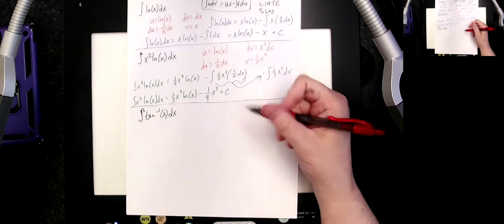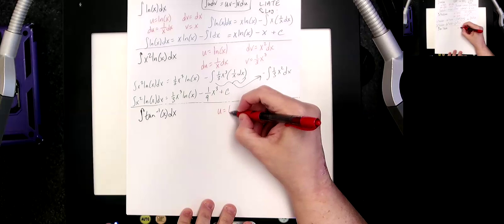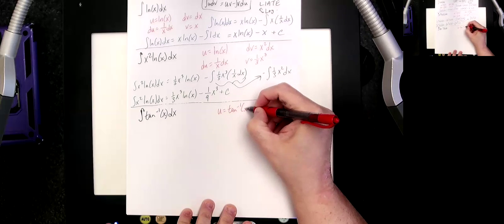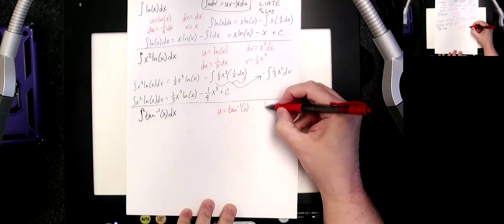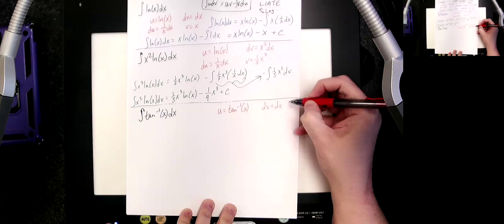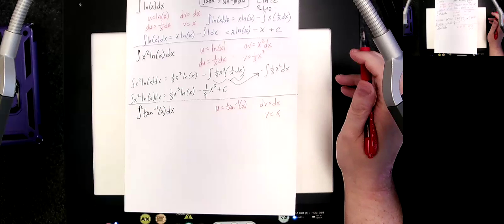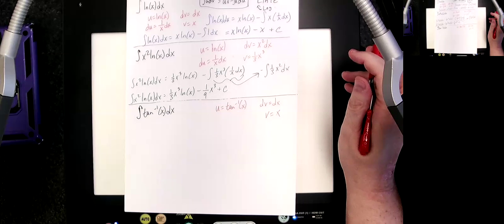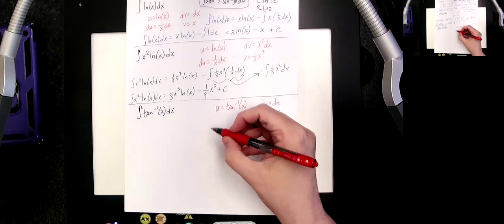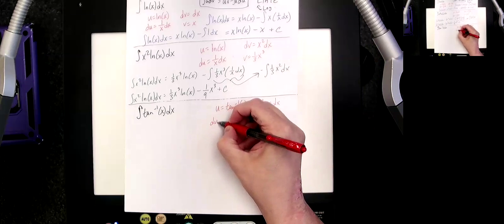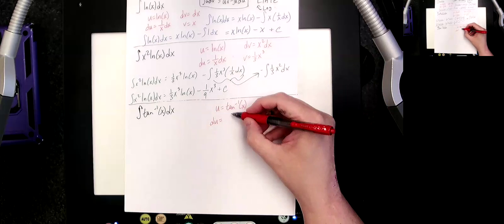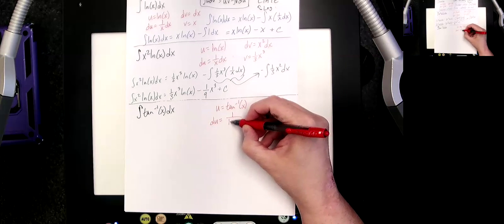So we're going to let u equal the inverse function, and dv equals dx, so that v equals x is pretty easy. If you go back to the first page, you will have seen that du is 1 over 1 plus x squared.